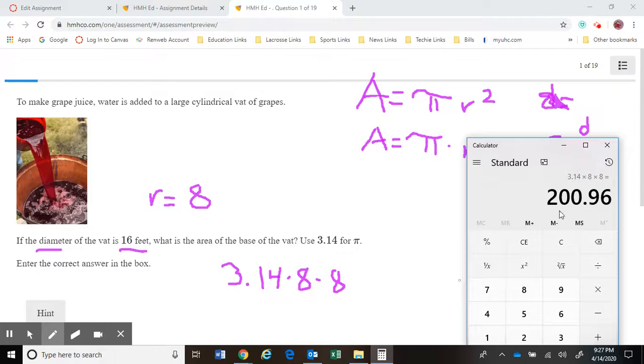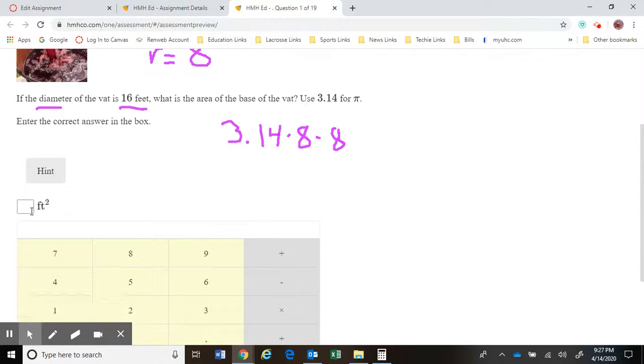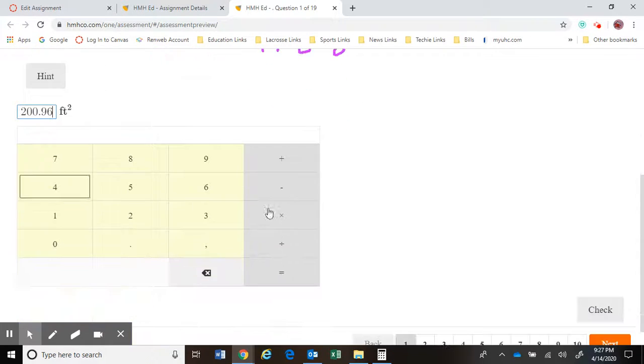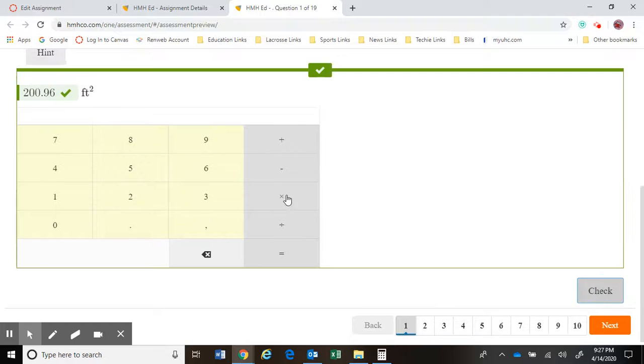And what do I get? 200.96. And of course, all of these are always going to be in square units when we're talking about area. So 200.96. We'll check it. And we're good. We're ready to move on.